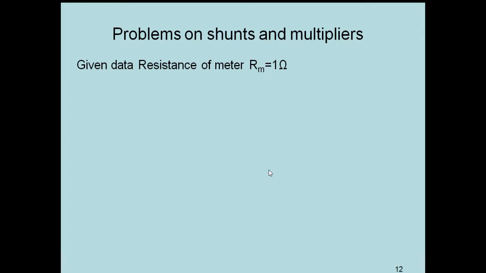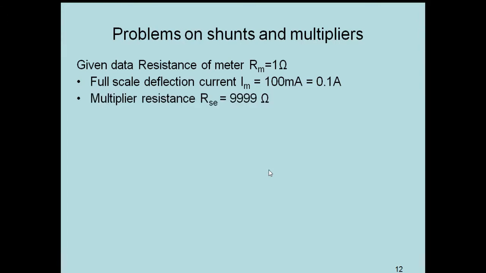So according to the given data, meter resistance Rm is equal to 1 ohm and the full scale deflection current Im is equal to 100 milliamperes, which is equal to 0.1 amperes, and multiplier resistance RSC is equal to 9999 ohms.